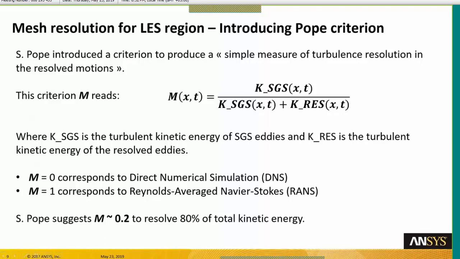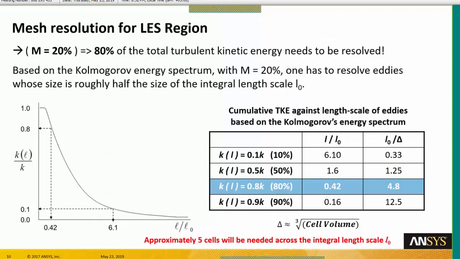So it's a good measure in function of the kinetic energy content that you capture within your simulation. At this point, Pope suggests a value of M equal to 0.2 to explicitly resolve 80% of the total kinetic energy. So it's a good measure. Keep in mind this value is quite a good indicator of the quality of your grid.